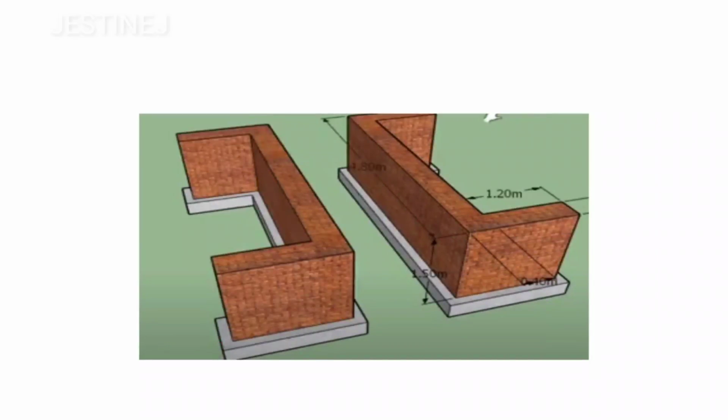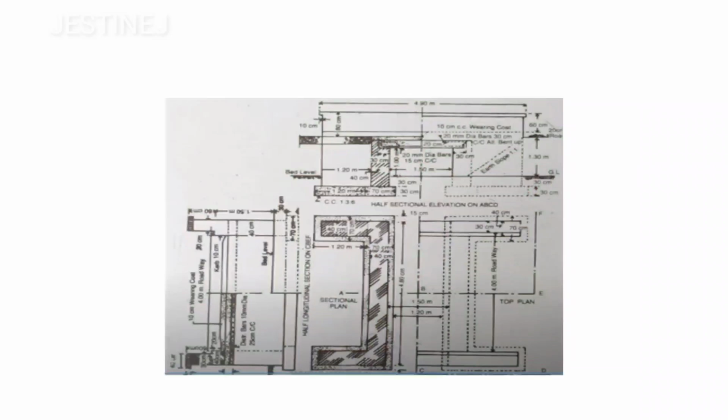After that, you have to construct up to a certain height of 1.5 meter, and the distances, all things we will calculate from this SketchUp. Here you can observe that the first class brickwork needs to be constructed. If you clearly observe, these colored portions are mentioned.